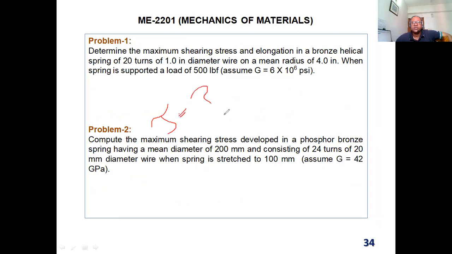For the material phosphorus bronze, having a mean diameter of 200 millimeter, that means the value of big D is given. Consisting of 24 turns, that is the value of N, of 20 millimeter diameter wire. So this 20 is the value of small d.